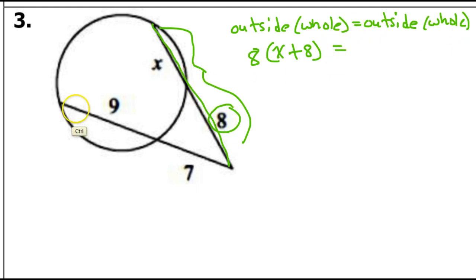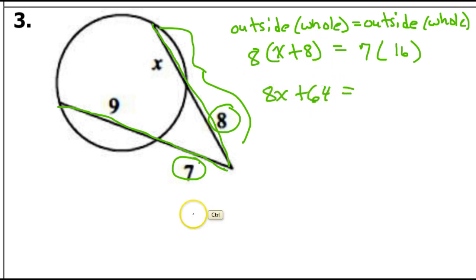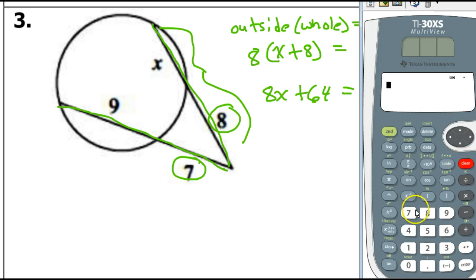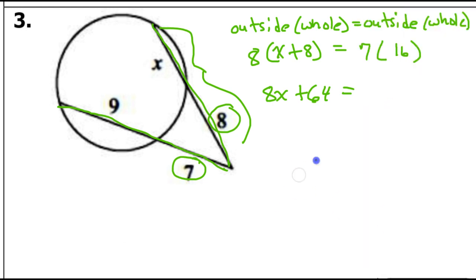Now, looking at this side down here, all right, as I do outside times whole, the outside is the 7, and the whole thing is 9 plus 7. Again, we're adding, not multiplying, so that's going to be 16. So a little distributive property here gives me 8x plus 64 is equal to 112.